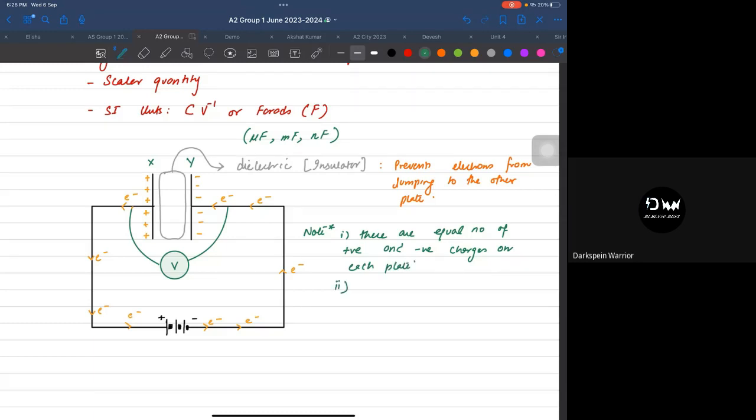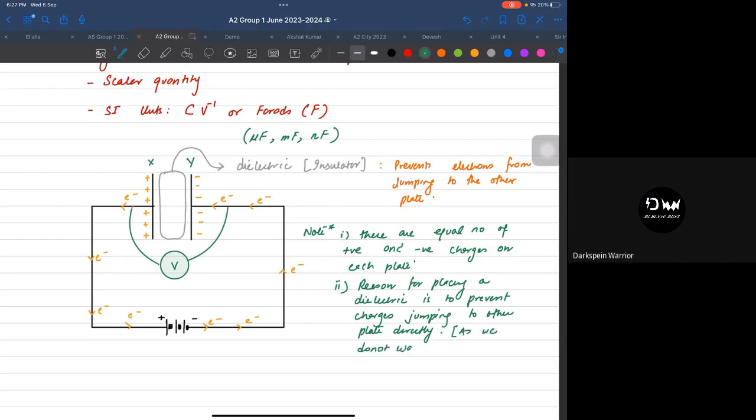Number 2, the reason for placing a dielectric is to prevent charges jumping to the other plate directly, as we do not want induction to take place.